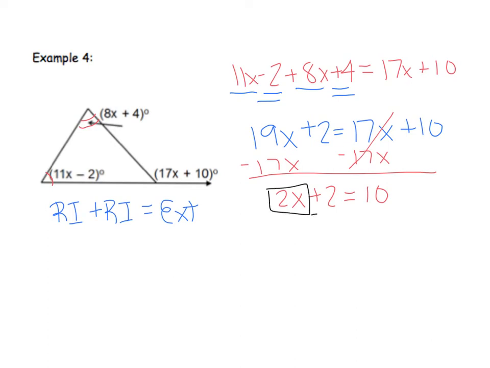We're solving for x here, so we're going to subtract 2 from both sides because we always do the opposite to cancel that out. So you get 2x equals 8. Last step, pretty much always, is divide both sides by the value that's with your variable, and we end up with x equals 4.